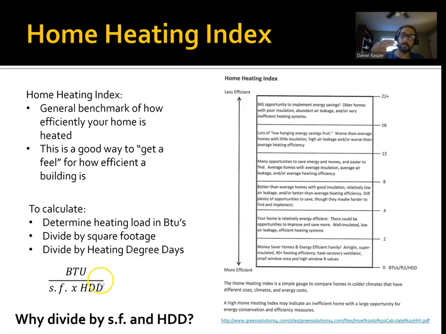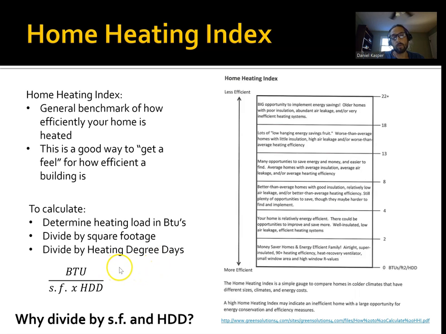So if the HDD is lower, you would expect there to be less heating, which means that BTU number will drop. Again, the whole point here is, by dividing by HDD, it sort of cancels out the impact of climate on your heating costs, your heating energy use, excuse me.